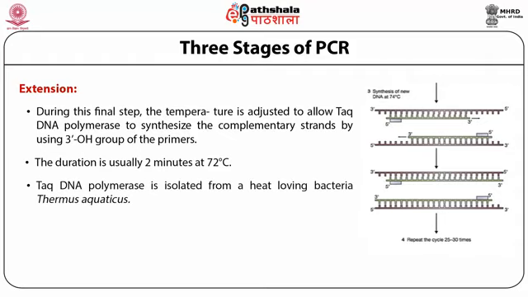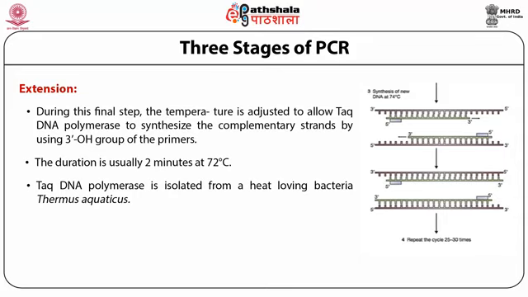Taq polymerase is heat stable and is isolated from a bacterium from thermal springs, named Thermus aquaticus. This is an enzyme which can withstand high temperatures up to 95 degrees centigrade or more, even 98.